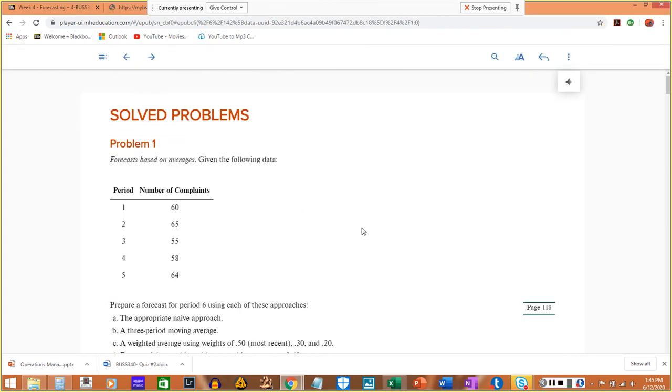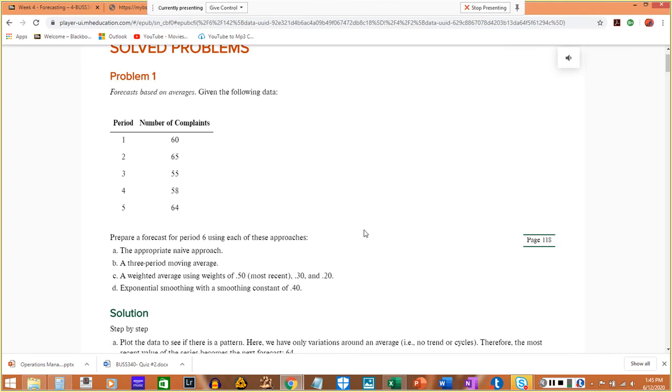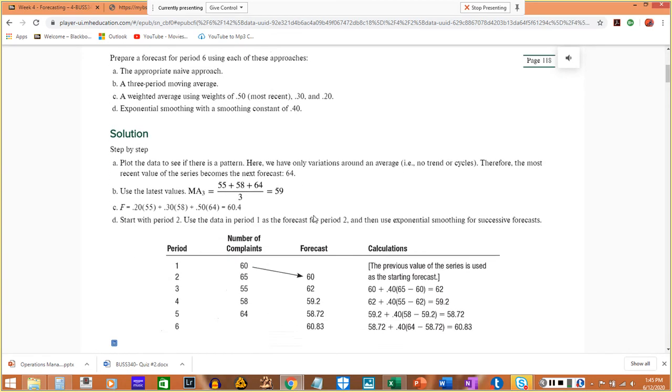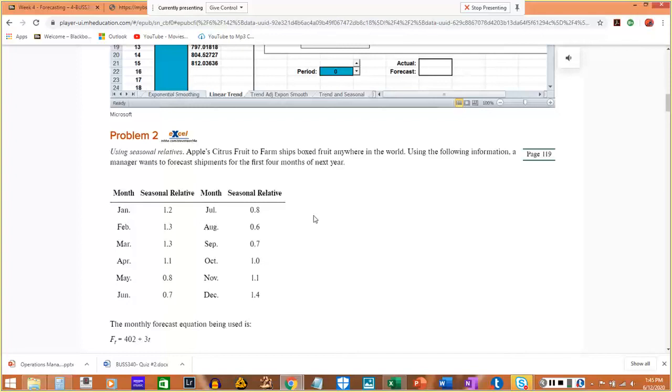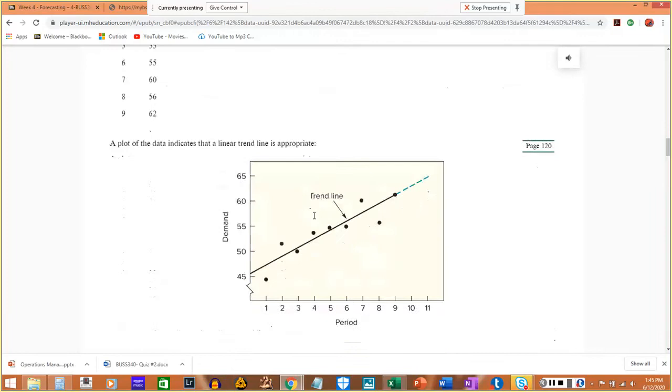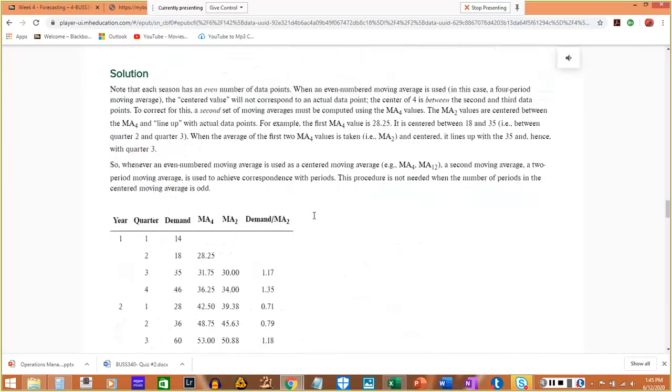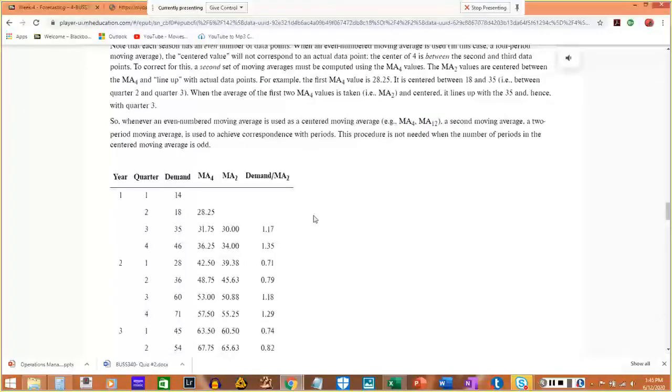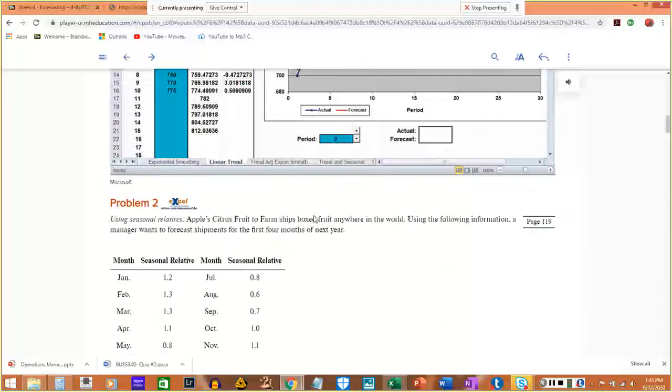For the problems, you want to work on problem 1. You want to be able to do problem 1 and problem 2.